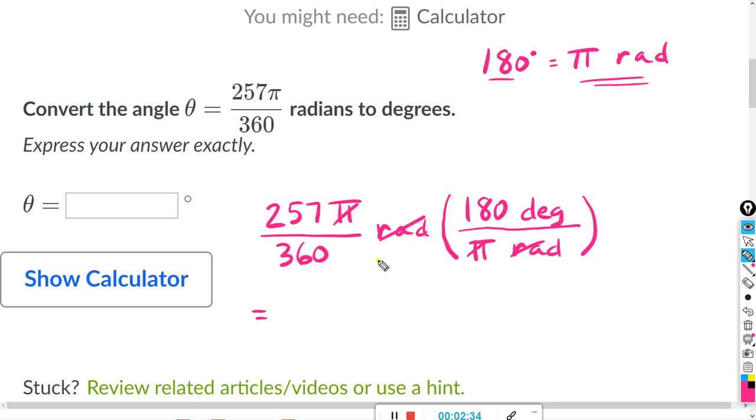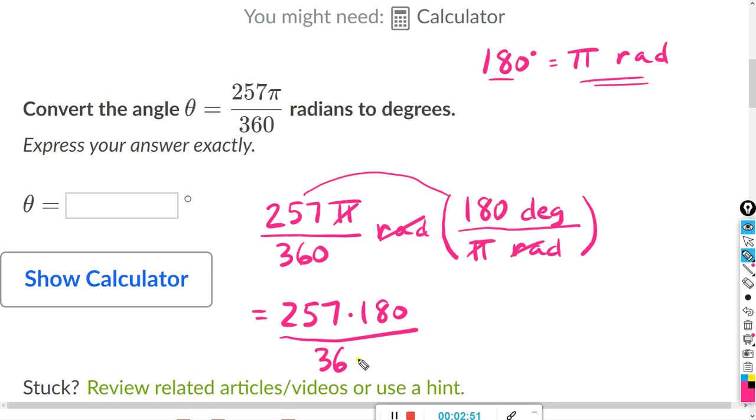So let me try it without reducing first and see what happens. Alright, in the numerator, we just have 257 times 180. And in the denominator, we just have 360. And the radians dropped out, so that is in degrees.